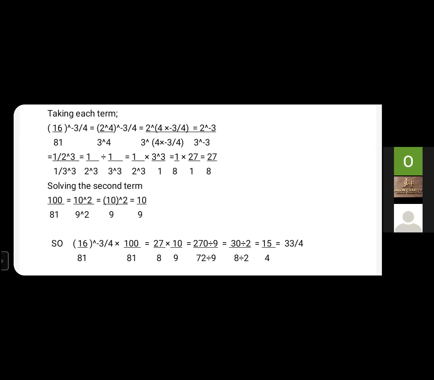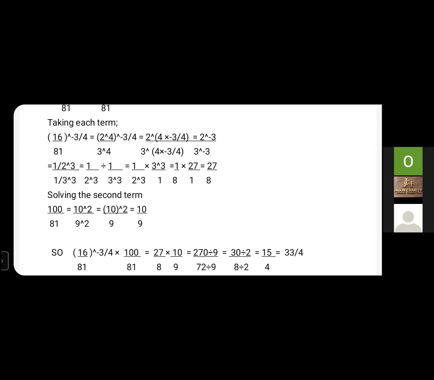We can break down 9 times 9 into simpler numbers. So we have 3 times 3 times 3 times 3. That will give us 3 in 4 places. That is, 3 raised to the power of 4 is the same thing as 81. And then when you look at 16, we can also break 16 down to 2 times 2 times 2 times 2, 2 in 4 places. 2 raised to the power of 4 will give us 16.